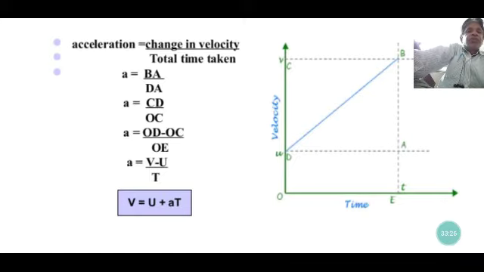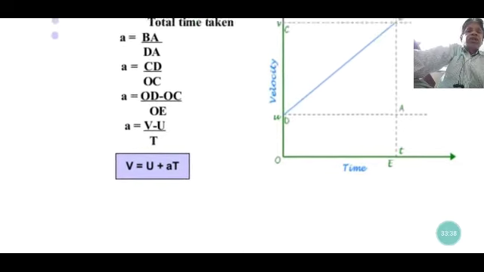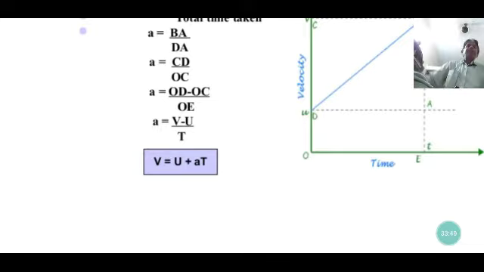So it is v minus u, divided by time. Multiplied by time, we get at, then v is equal to u plus at. That is the first equation, where we calculate the acceleration. We found the acceleration by the slope, and this acceleration gives the first equation of motion.